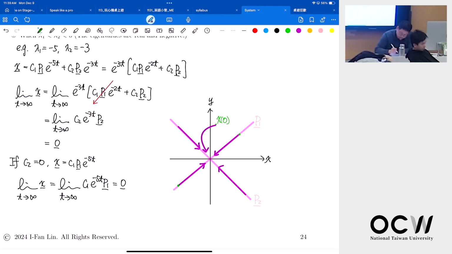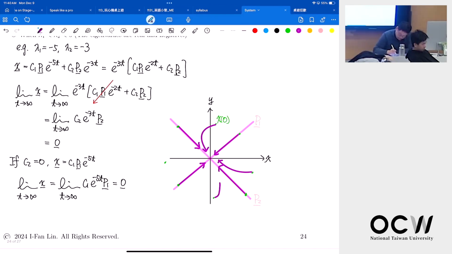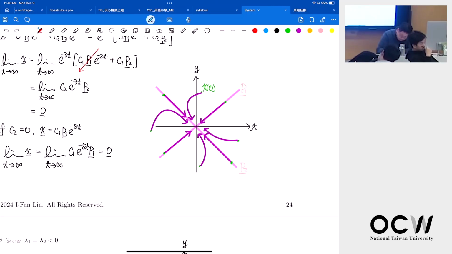Here is your initial starting point. Whatever your initial position is, eventually they'll go to 0. So for this point 0, 0, the origin is called a stable attractor point.